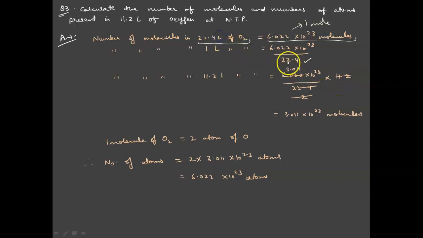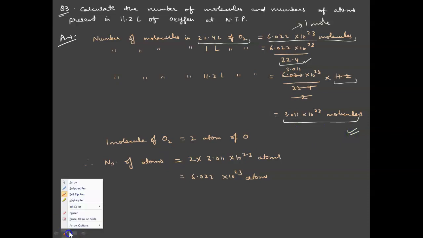This goes into the denominator, and this goes into the numerator. After solving, we got the answer 3.011 into 10 to the power 23 molecules. So this is the number of molecules in 11.2 liter.